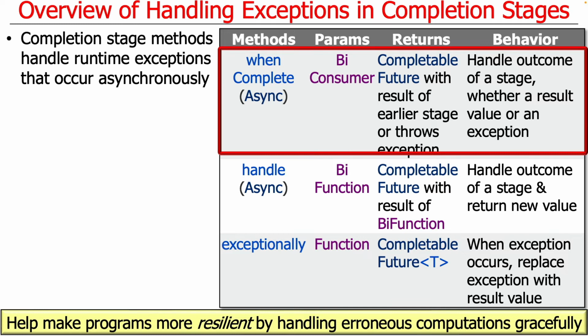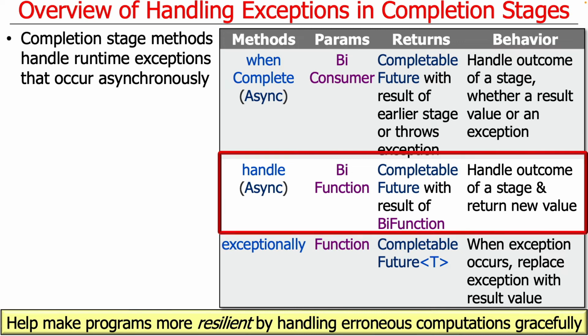So what you can do with whenComplete is differentiate between the normal path and the error path, and you can do some side effect in either case. But the key point there is it's a side effect. Nothing is changed. It just gives you a hook to detect that there's an issue.